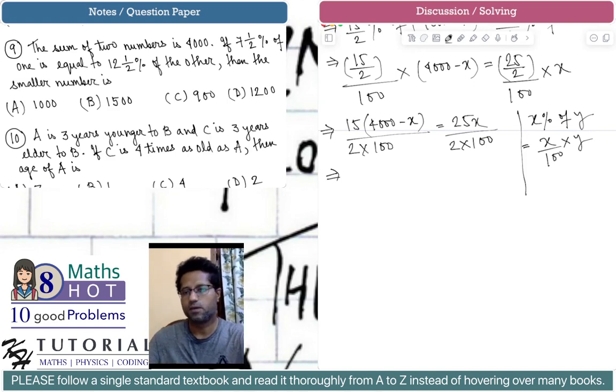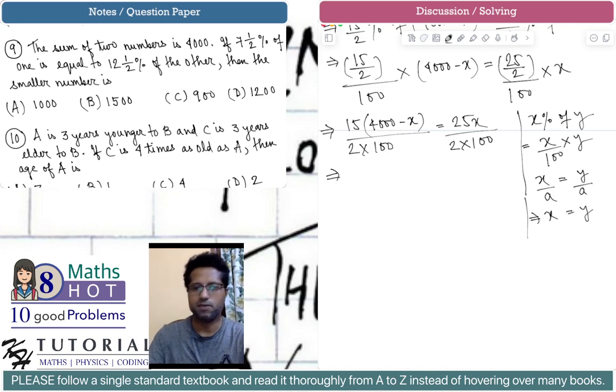If you have an equation like x by a is equal to y by a, then you can say that x equals y. So we can multiply both sides of the equation by the same number, 2 into 100, that is 200, and 2 into 100 will cancel out from both sides.